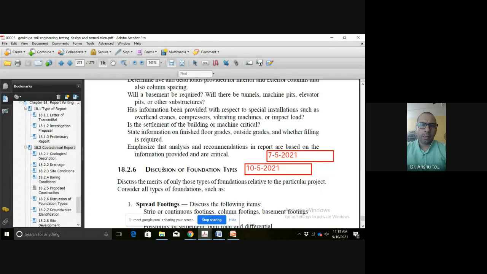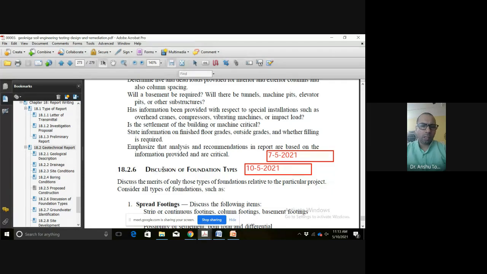After giving all the final details in your geotechnical report, first one was the letter of transmittal, then we were having the preliminary investigation report, then the geotechnical investigation report.